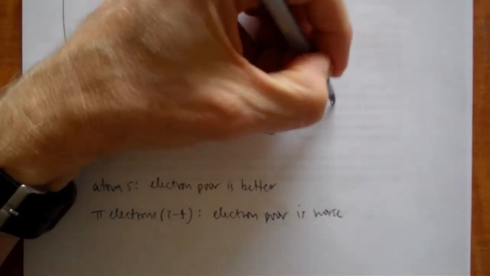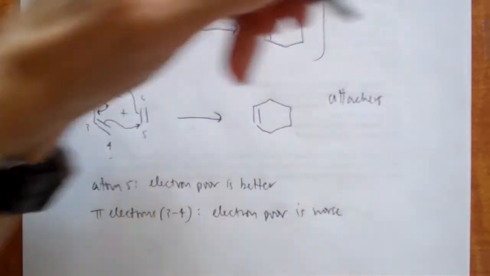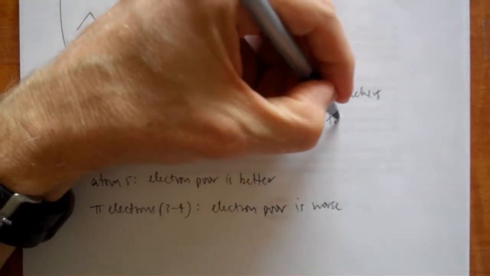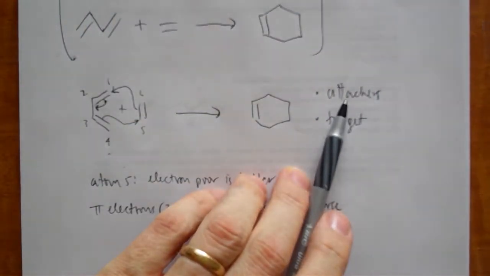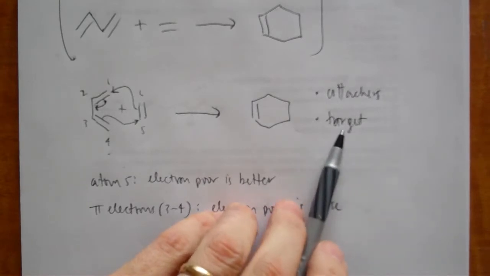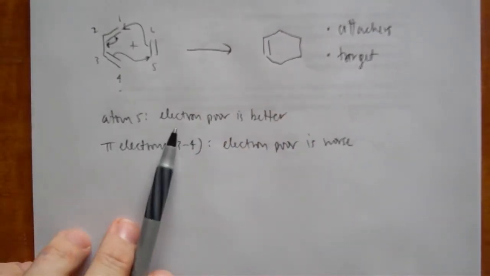And the attackers, we're always looking for the attacker when we're doing mechanisms, and the target, right? The attackers are electrons, so they need to be electron dense. The target is a nucleus, and it's more vulnerable to electron attack if it's electron poor. Okay? So atom 5, electron poor is better.